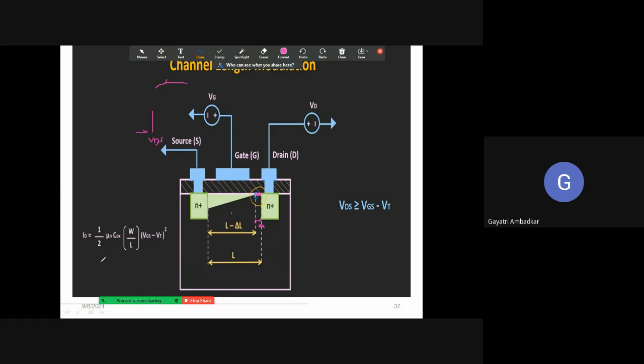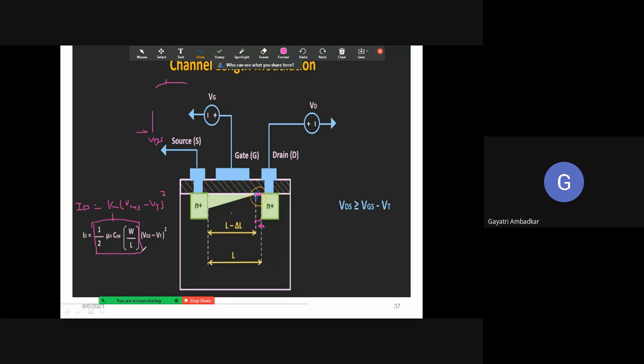So ID is equal to K times (VGS minus VT) whole square, where K is nothing but this: 1 upon 2 mu n into COX into W by L ratio.